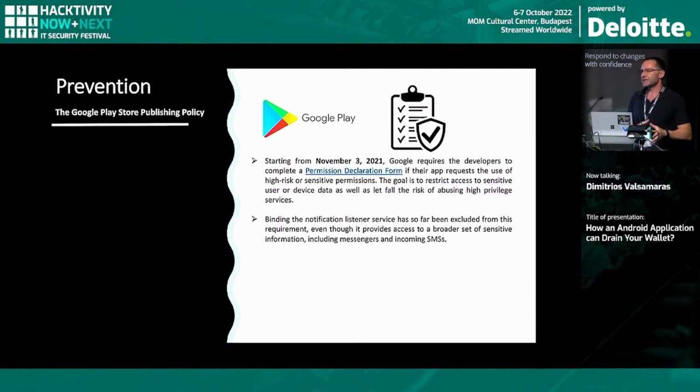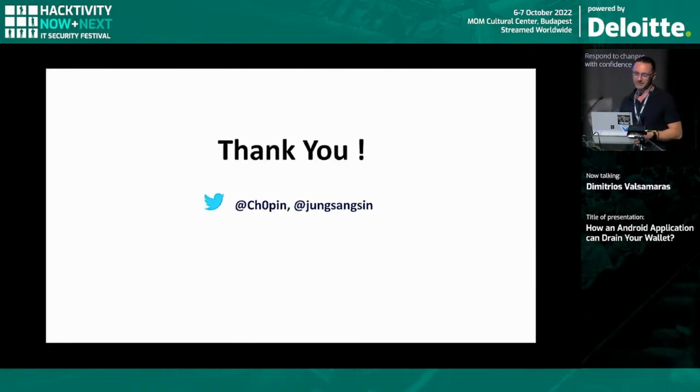Despite that, we haven't seen any move when it comes to the notification listener service that I talked to you about before, and actually it is the one that remains right now and the one that we expect Google to take action on in the future. Yeah, and this was the last one.